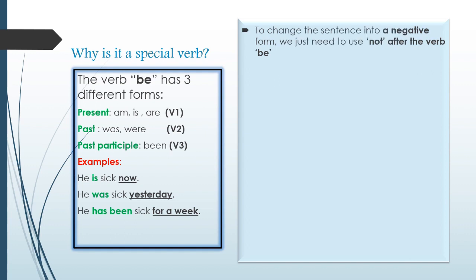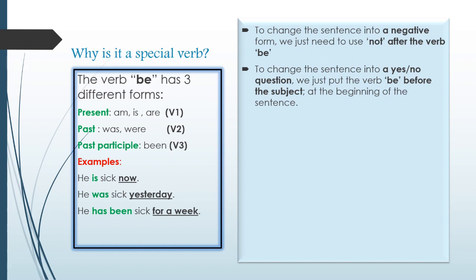Now, to change the sentence into a negative form, we just need to use not after the verb be. And if we want to change the statement into a question, or yes/no question, we just put the verb be before the subject, I mean at the beginning of the sentence. Let's take some examples.